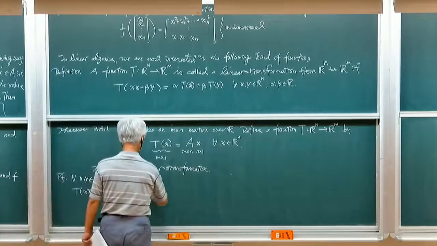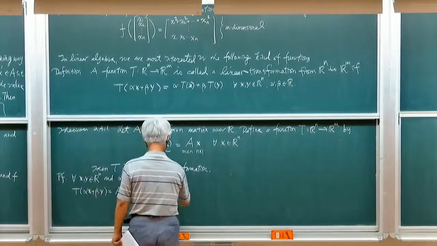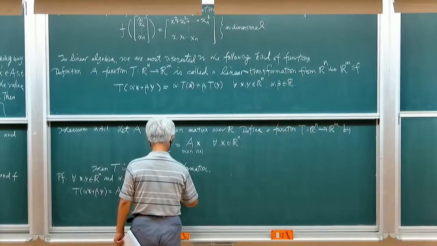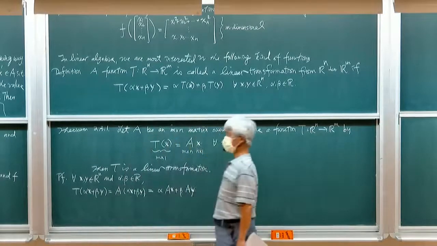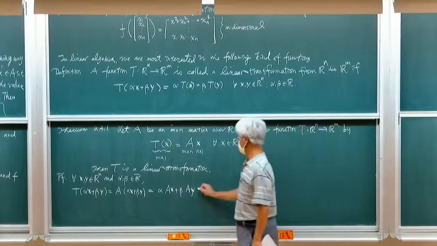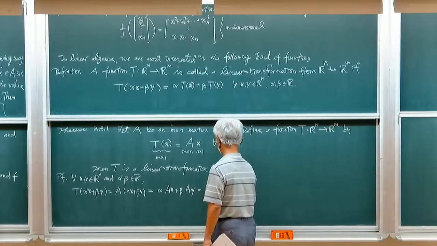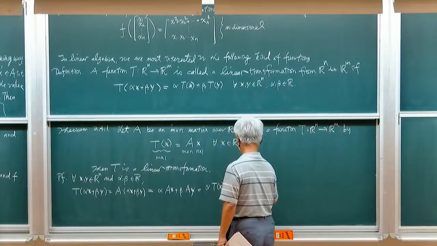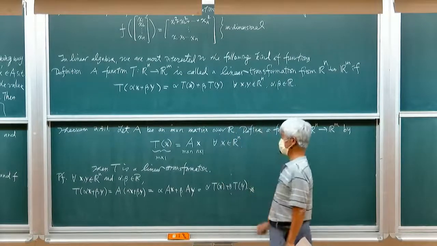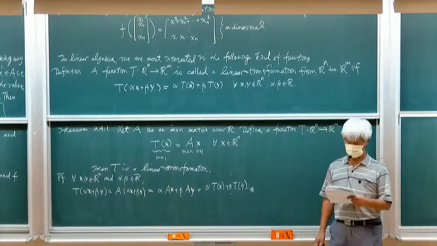And by the rule of matrix multiplication, we know this is alpha Tx plus beta Ty. And we have done. Okay, so it's quite simple to see that.